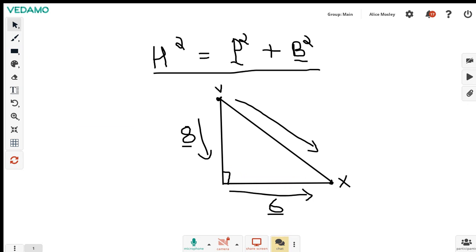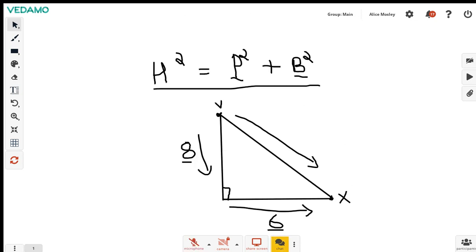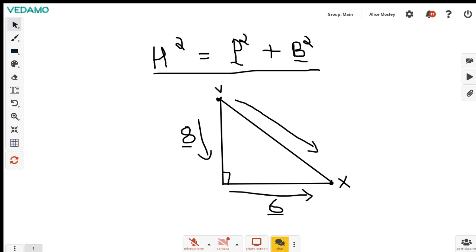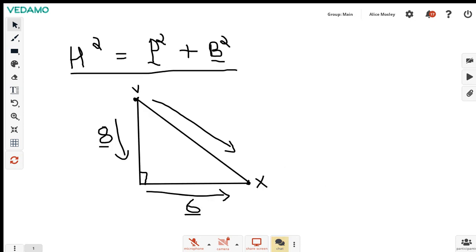Okay. Now let's move on to how to calculate the H. So let's place it here. I hope everyone can still see this. Now we know the value of P and B, so we put them. We don't know the value of H, so H will remain as it is.